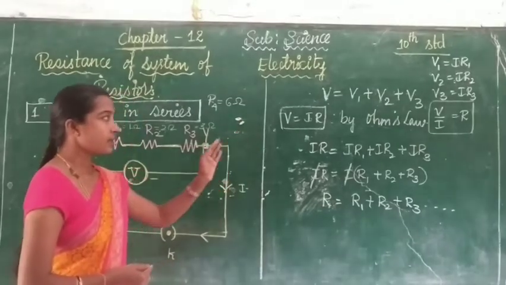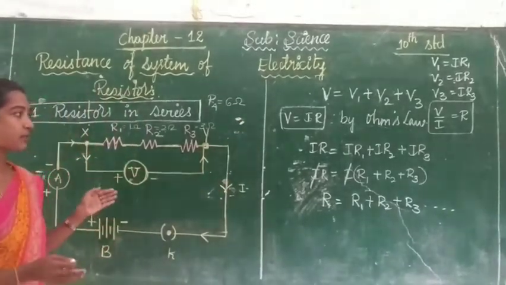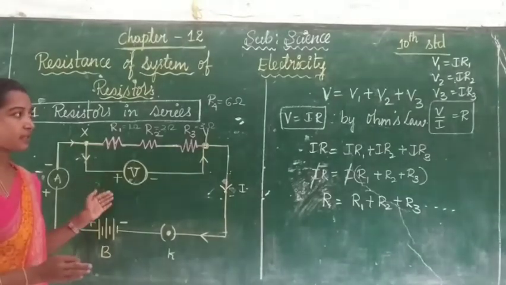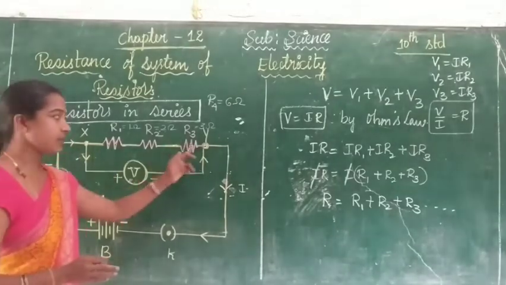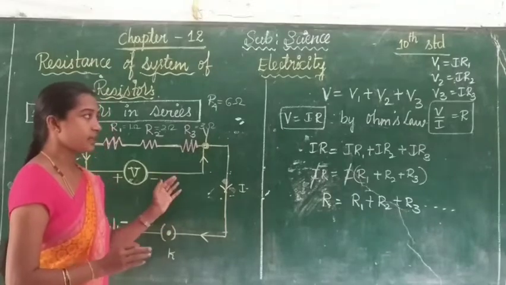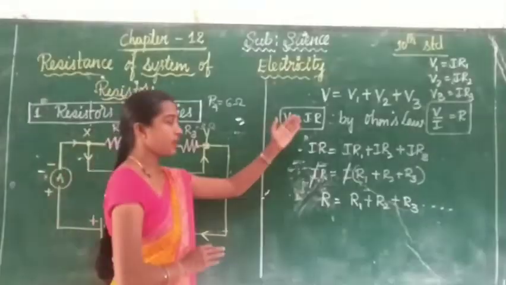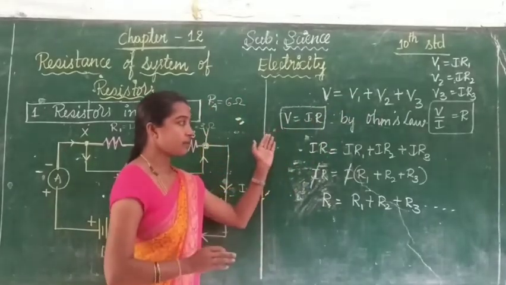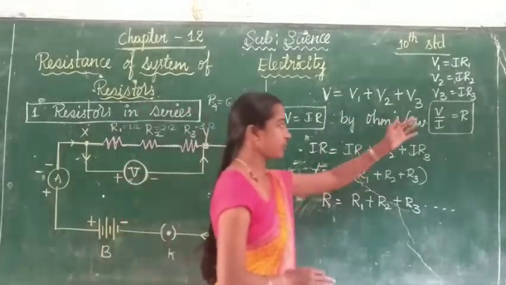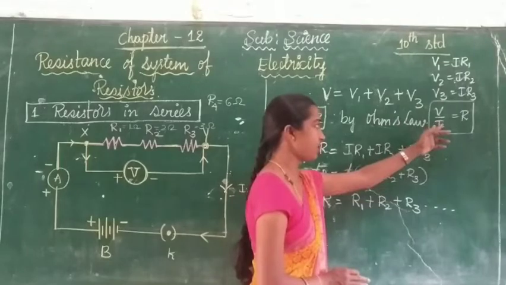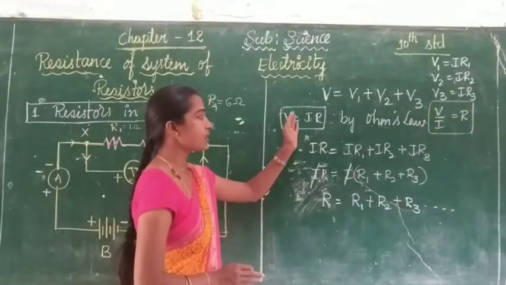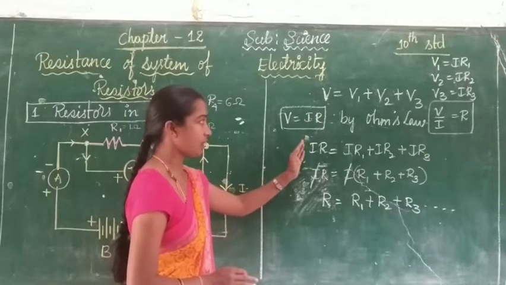But we know that in the circuit, the potential difference made by the battery is the same across the ends of this conductor. That's why V is taken as V1 plus V2 plus V3. Now we can write by Ohm's law, V is equal to I into R.